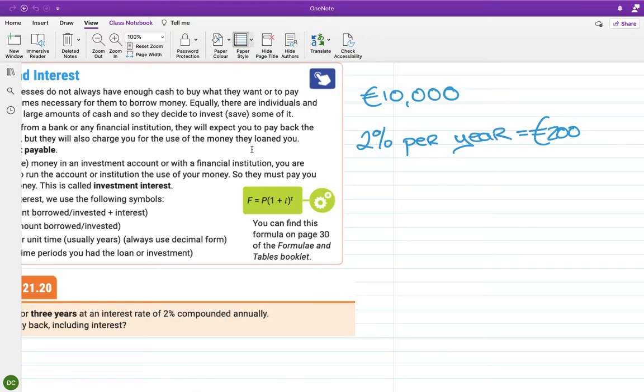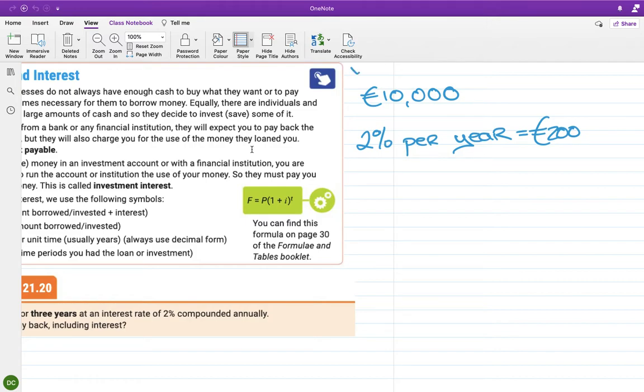Now, the way compound interest works is that you don't get 200 euro every year. It compounds. So in the first year, I give them my 10,000 euro and they pay me 200 euro. That's what happens in the first year.